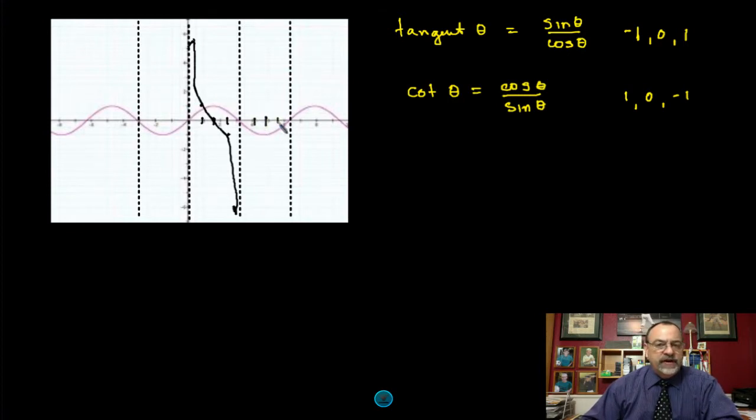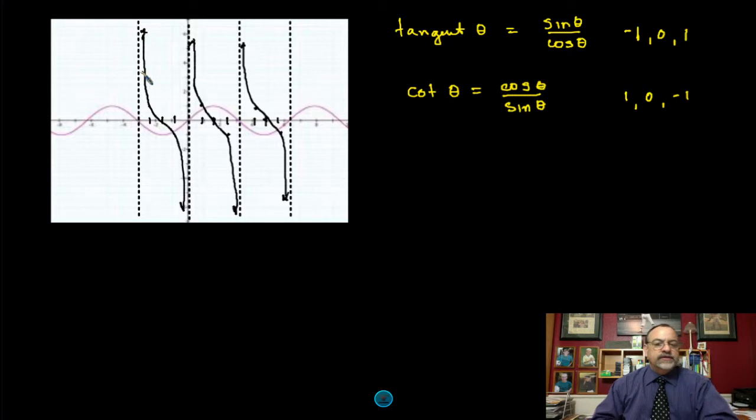So then we would divide those, and again, this is going to repeat. So we have 1, 0, and -1, and then this would just repeat. So our cotangent function, again, looks very much like the tangent, which makes sense because it is a reciprocal. It would look something like this.